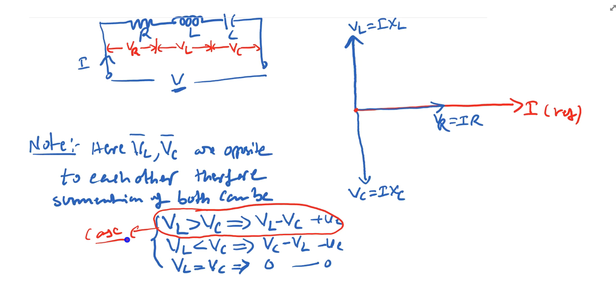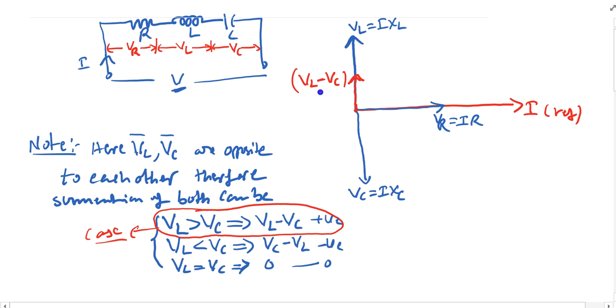If my VL is greater than VC, then adding VL and VC obviously comes somewhere here. So the resultant of your VL and VC is nothing but your VL minus VC vector. Where VL is greater than VC, this is the net vector that comes.